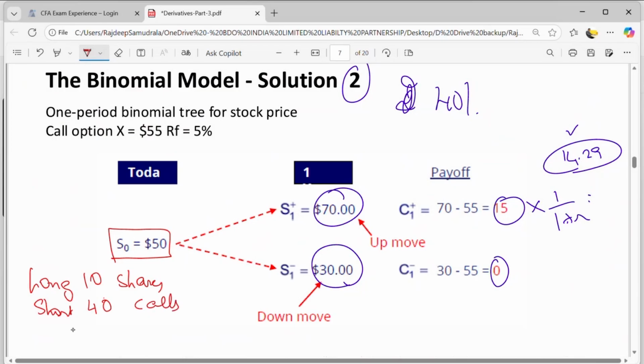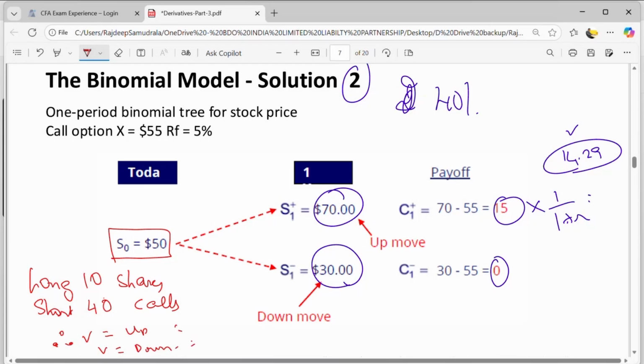Now tell me, what is the value in your hand after one period, if it goes up, and if it goes down?